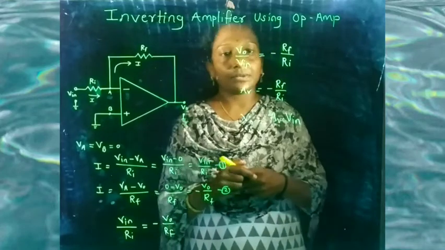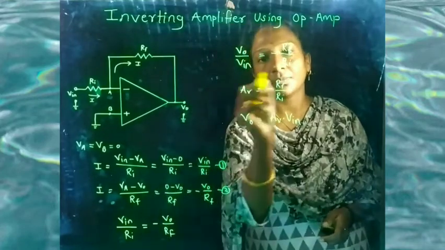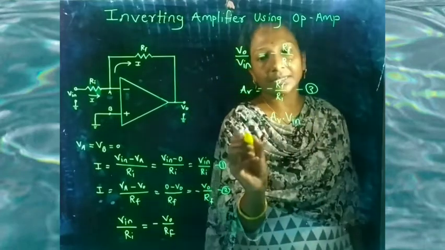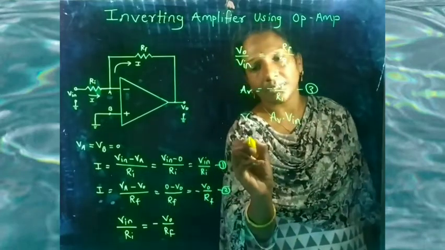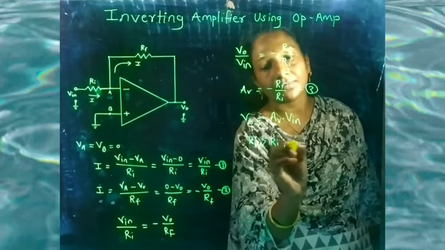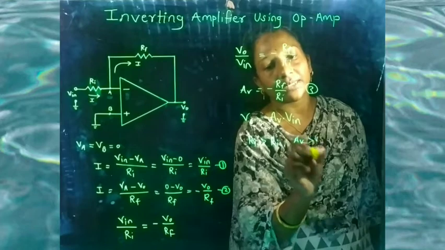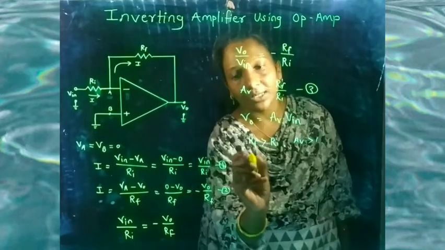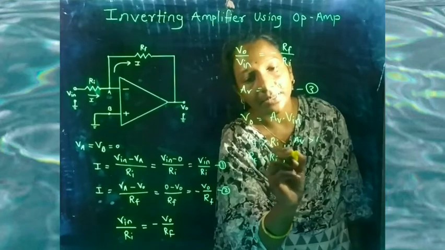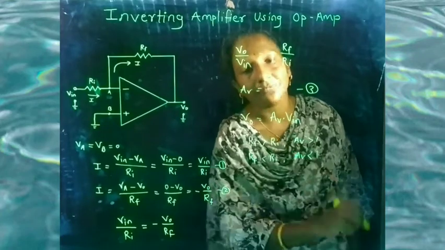And in this equation number 3, if RF is greater than Ri, then the gain is greater than 1. If RF is less than Ri, then the gain is less than 1.